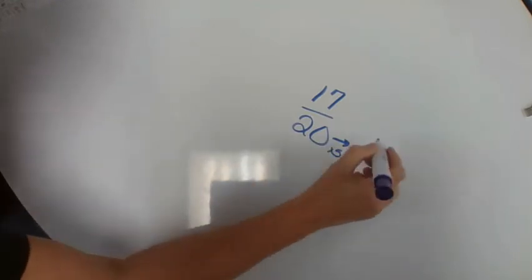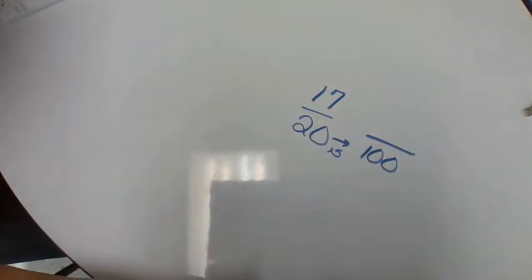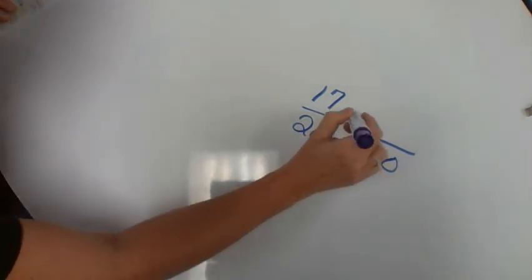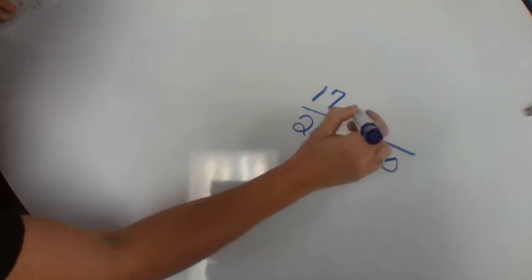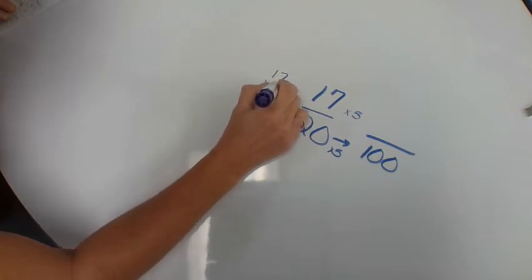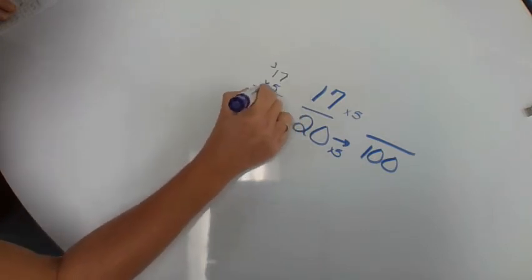Why do I want that? Well, I know that my decimal numbers are tenths, hundredths, thousandths. So this one's very easy to turn into the 100. So we're going to multiply the 17 times 5 as well. 17 times 5 is 85.